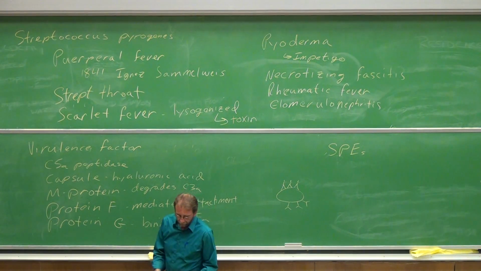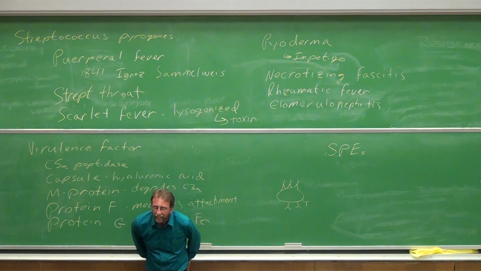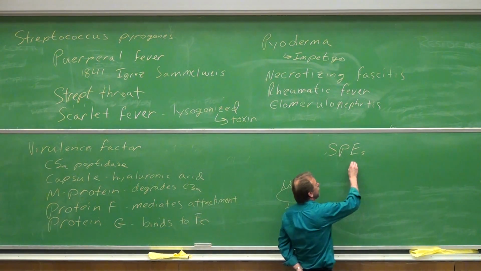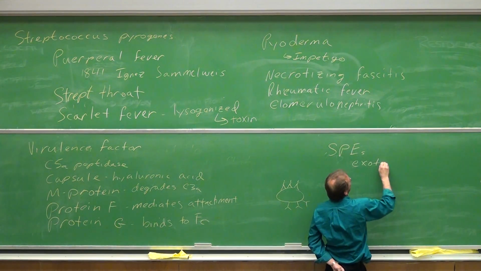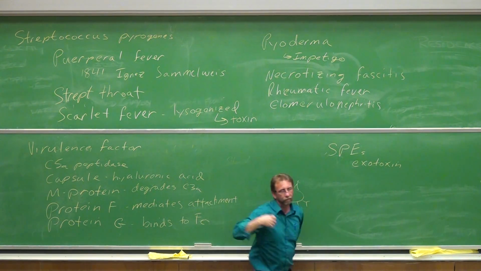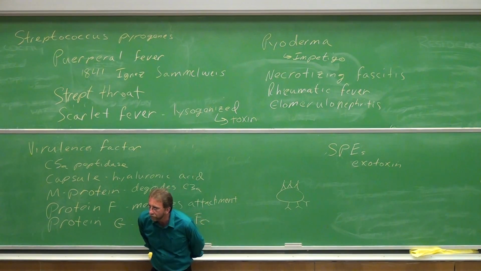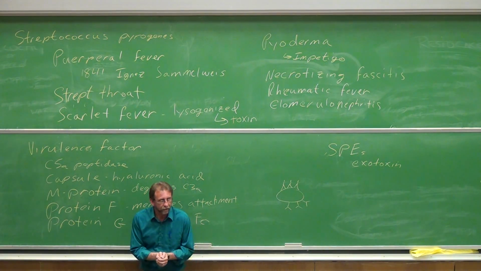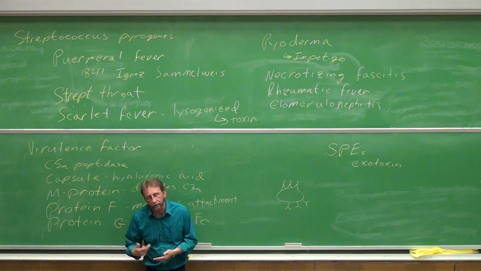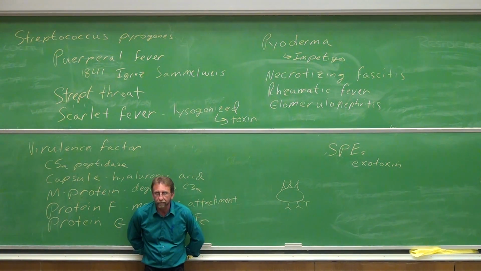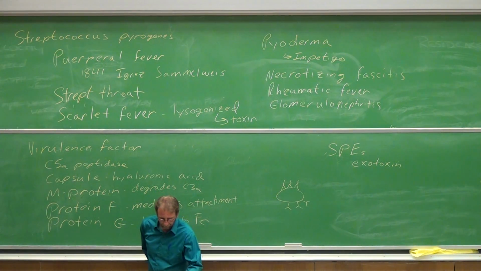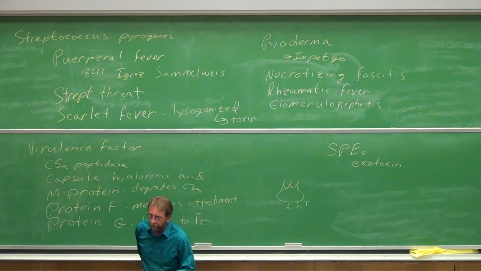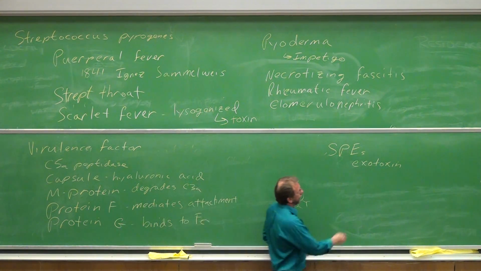SPEs, streptococcal pyrogenic exotoxins. So we're talking about any number of molecules that the microbe might secrete that could have a toxic effect. Scarlet fever is caused by an exotoxin. Necrotizing fasciitis is caused by an exotoxin. These toxins serve as superantigens.